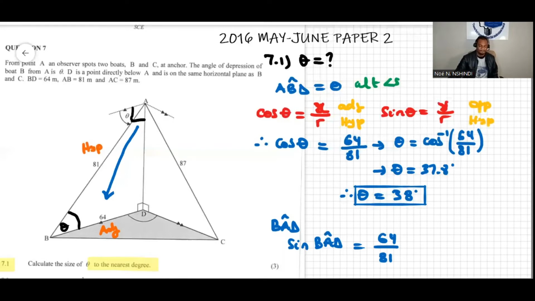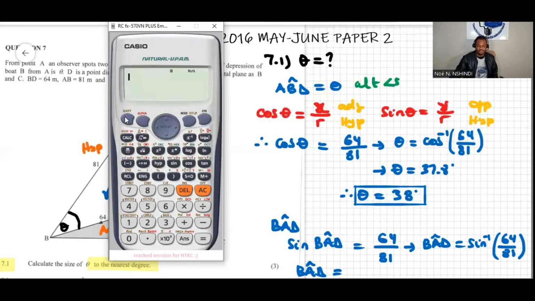So angle BAD will be equal to sine minus 1 of 64 over 81.